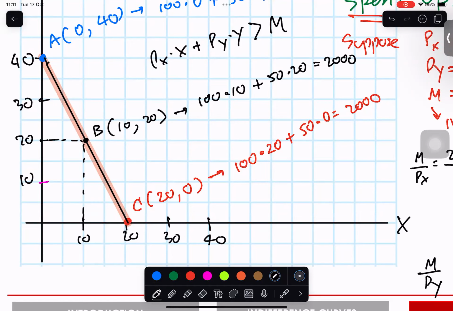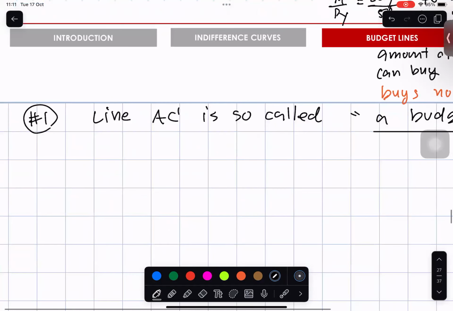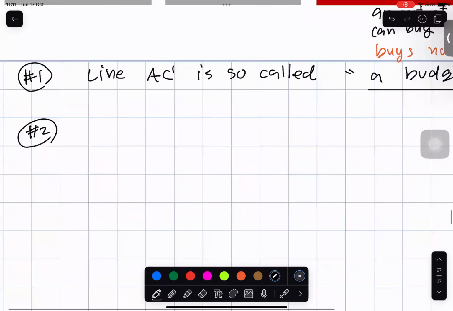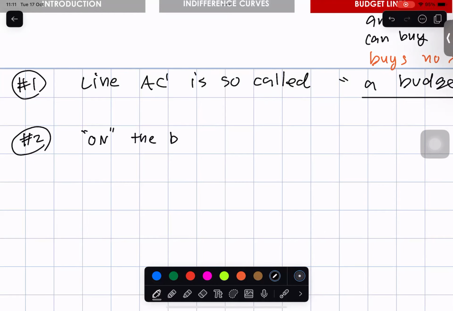Now we write the conclusion. Number 2. Talk about it first. On the budget line, expenditure equals income. Yes.